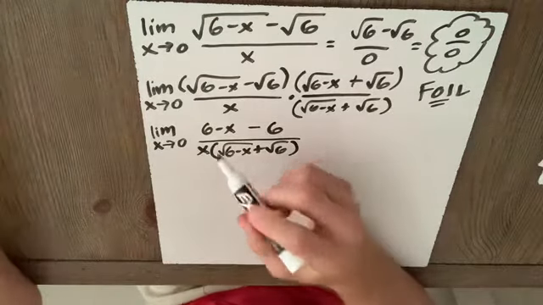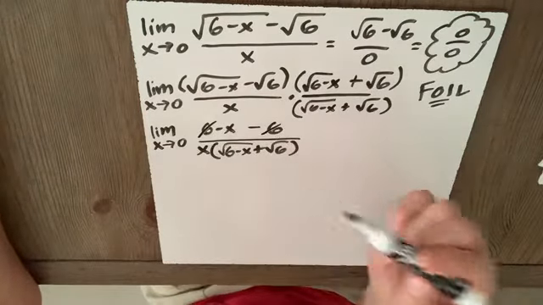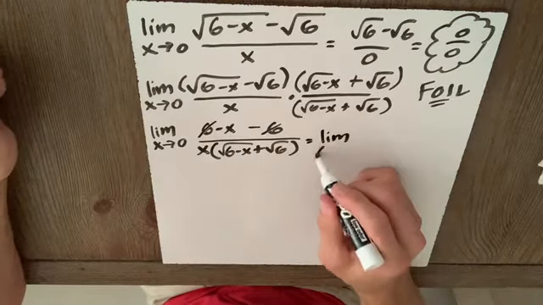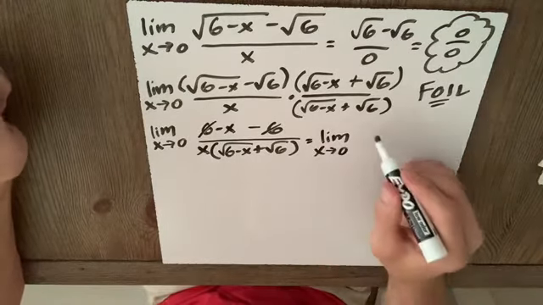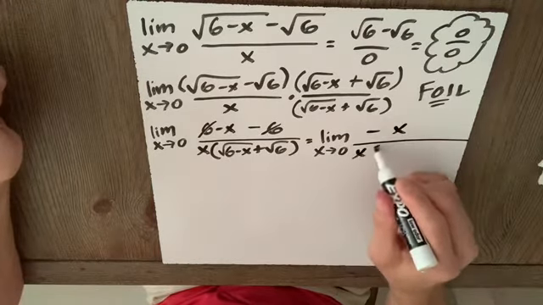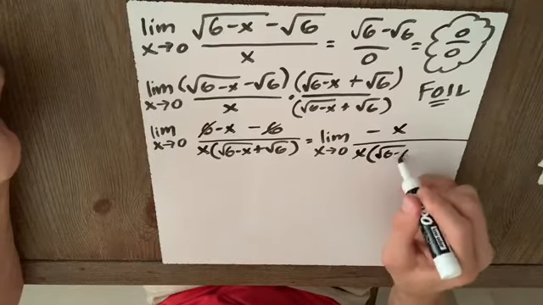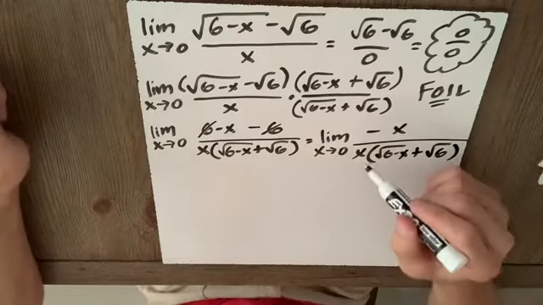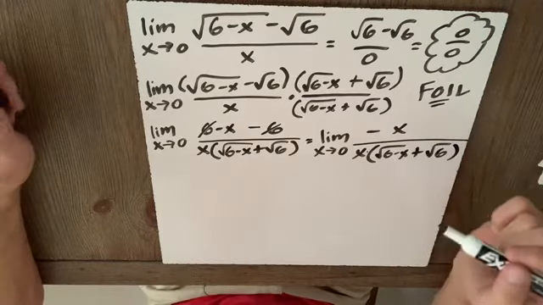Well, speaking of canceling, if these 6s have been good little 6s, they go off to number heaven, and we're left with the limit as x approaches 0 of the opposite of x over x times the square root of 6 minus x plus the square root of 6. This is exactly why I didn't distribute this.